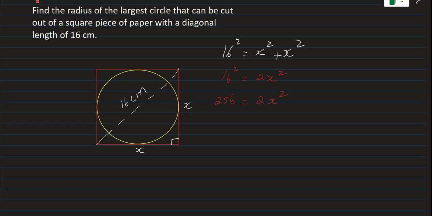But we don't want 2x squared, we want x, so divide both sides by 2, so x squared is equal to 128. x will be approximately 11.318, and that is centimeters. Okay, so we got the length of x. That means this x now is 11.318 centimeters. All right, we're not done yet, circle.